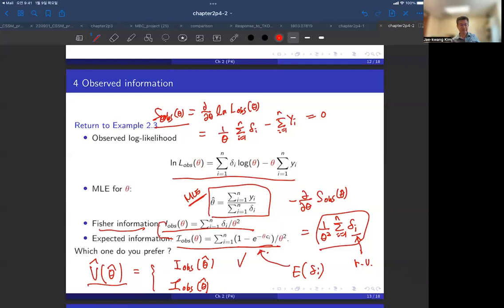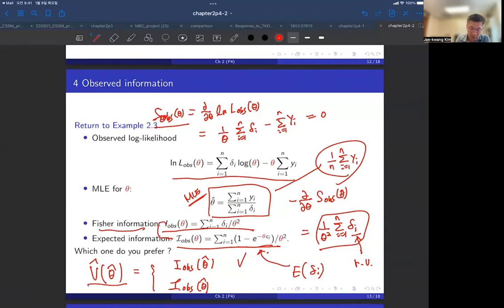Now, suppose that, for example, your censoring data didn't have any censoring. Suppose. Okay. So if you have no censoring, then your MLE is just this one, right? Because every delta is equal to 1.